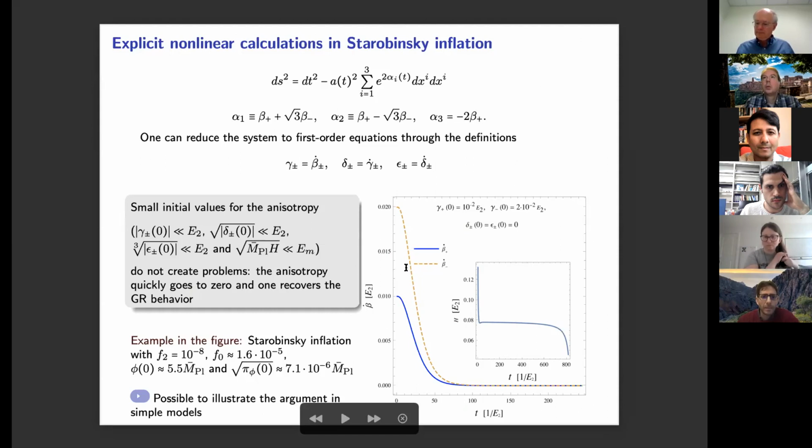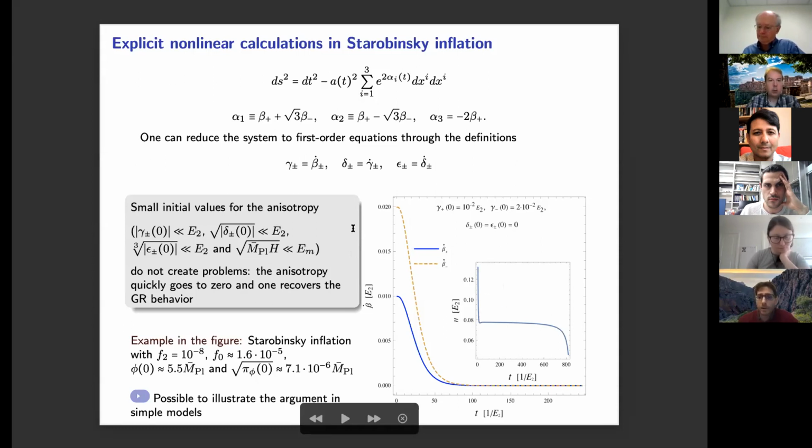Essentially what happens is that if you fix the initial conditions, more generally the boundary conditions of these fields, to satisfy these bounds that I showed you before in terms of E2 and EM, then the anisotropy quickly goes to 0 and one recovers the GR behavior, as I checked explicitly in the numerical calculations.